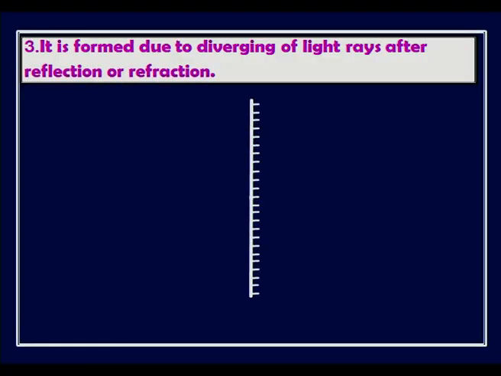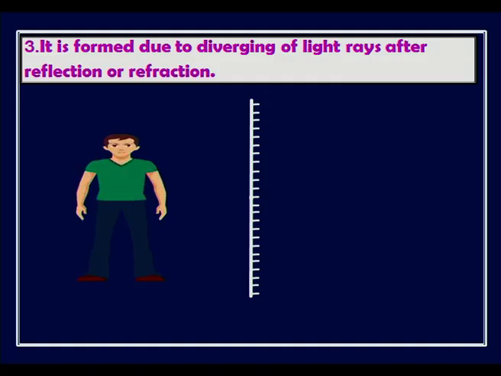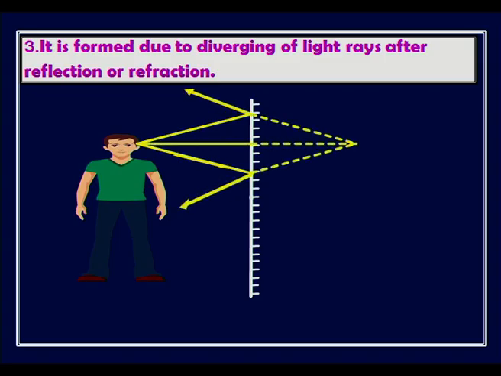Here we can see a plane mirror. Here we took this person as the object. You can take a person or a candle or a tree or any object. Light rays from the top of the object travel toward the mirror and undergo reflection. For the observer, these light rays appear to be coming from this point.